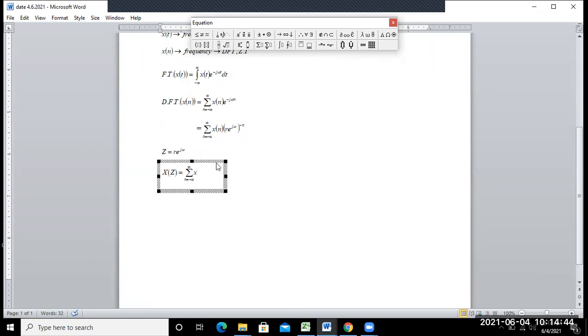So in place of z, we are just replacing r e to the power j omega. Okay, so (r e to the power j omega) whole to the power minus n.